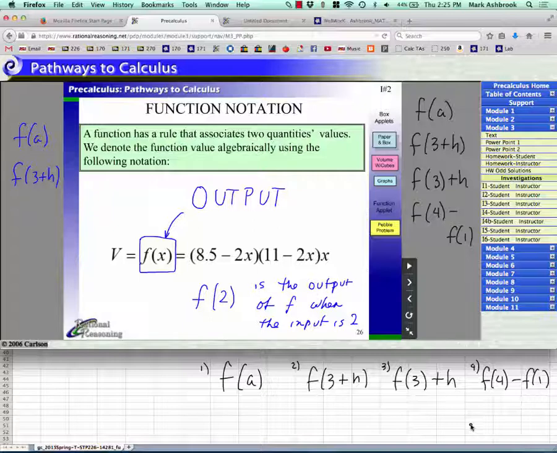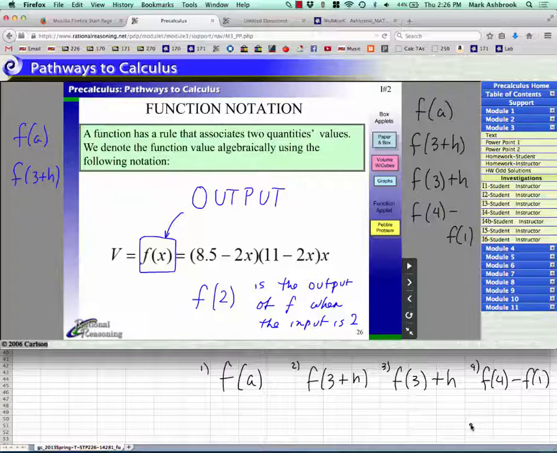Okay, what about 4? Tell me, I forget your name. John? John, how about 4? Well, in my mind, it was kind of like the final minus initial thing, but it's the output of f of 4 minus the output of f of 1. That's true, but I like where you were starting. So what does the whole thing mean? It's the final minus initial kind of thing. What do you get when you take final minus initial?